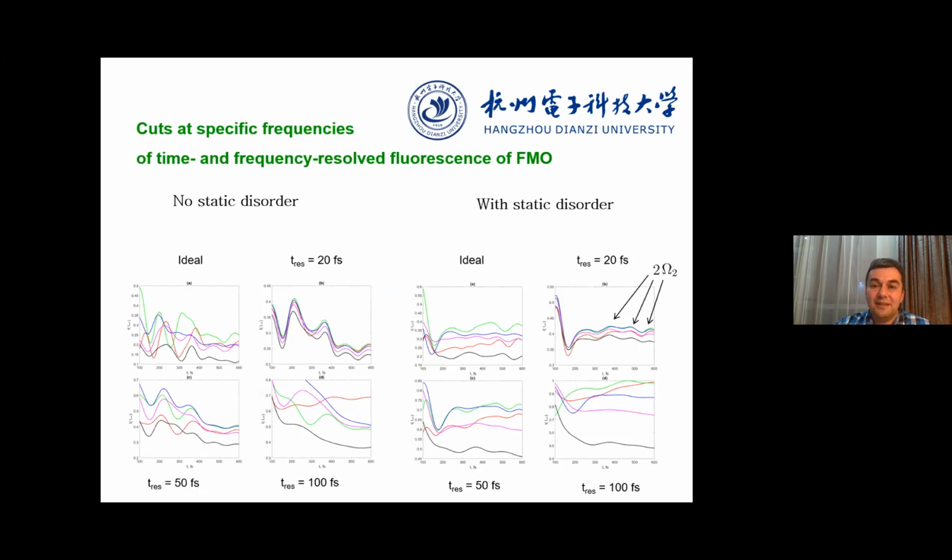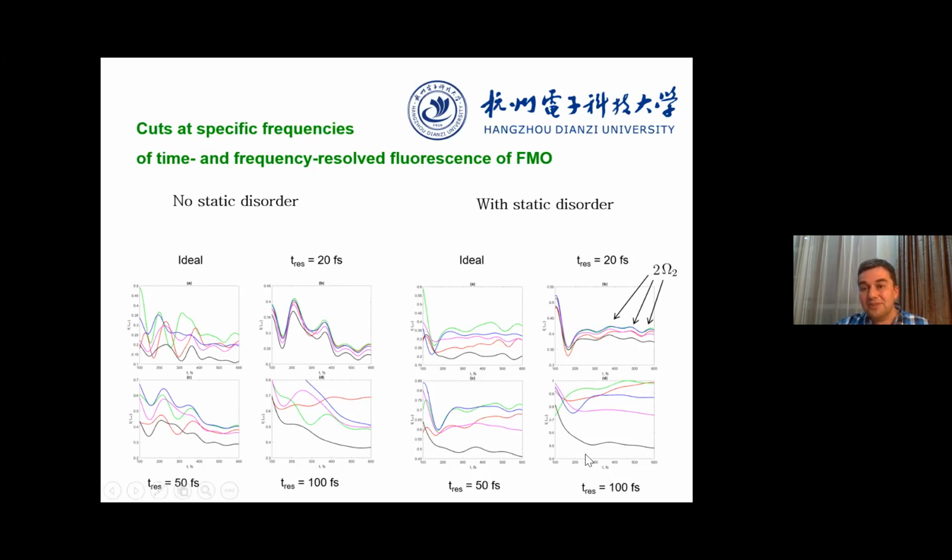And of course, if the time resolution is increasing, you see quite irregular oscillatory behavior. The reason is, of course, simple, because in that case, the time resolution is just comparable to the period of these vibrational beatings, and you cannot see this irregular vibrational oscillation.